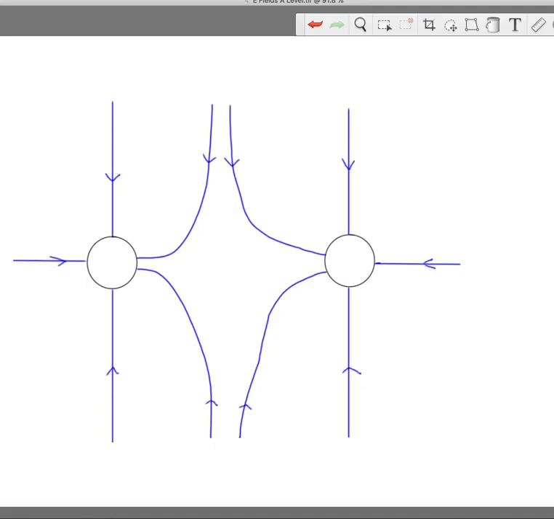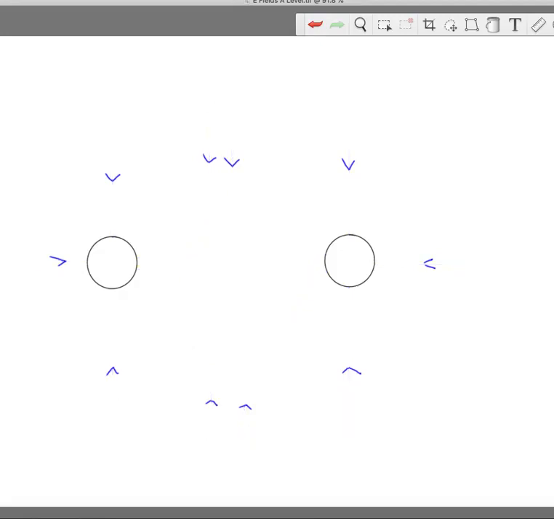So let's then look at the field lines between two spheres of opposite charges.